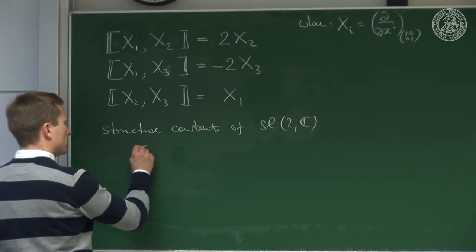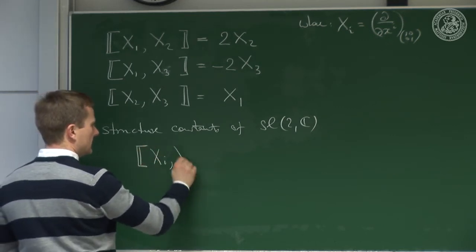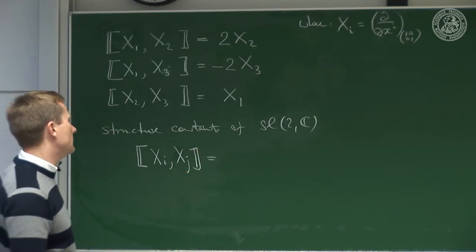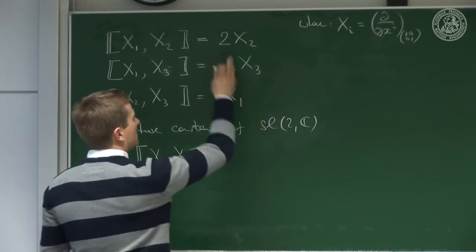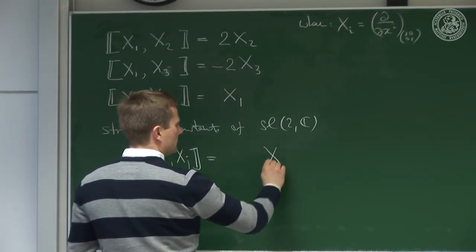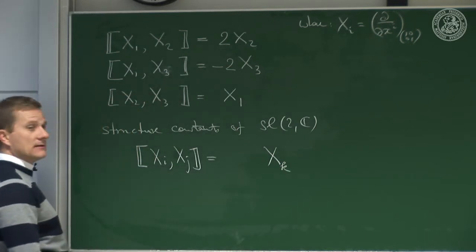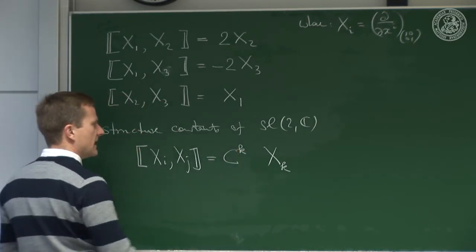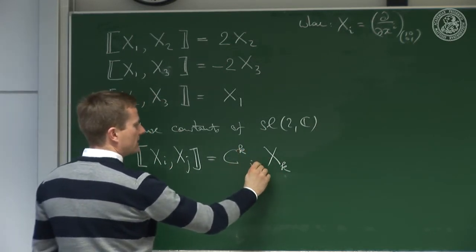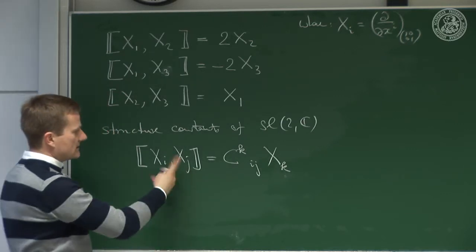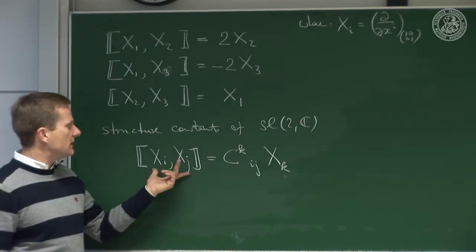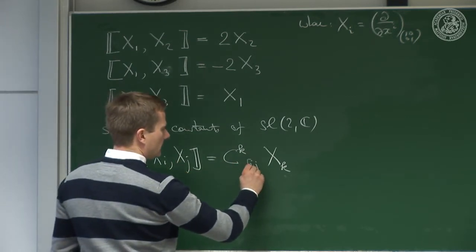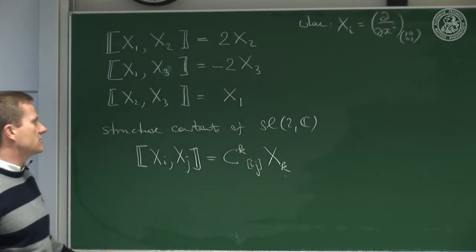So the structure constants, of course, you remember, you read off by having xi, xj, and you know that the result must be again an element in the tangent space at the identity, and because the x1, x2, x3 constitute a basis, there must be a way to expand the result in that basis. Now, you need expansion coefficients ck, but they will be different for various ij's. And because this bracket, of course, inherits its antisymmetry and Jacobi identity from the differential geometric Lie bracket, in particular, this guy is antisymmetric down here.